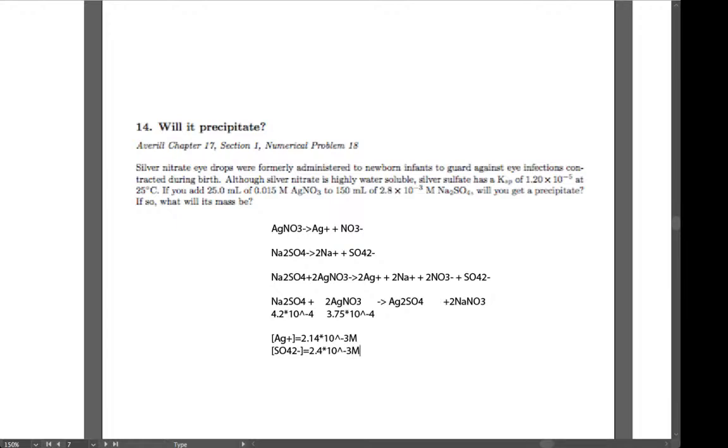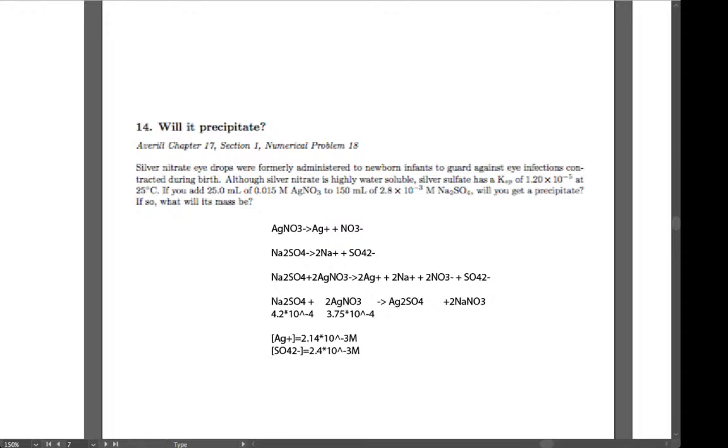All you need to do is define what Q is in this case.